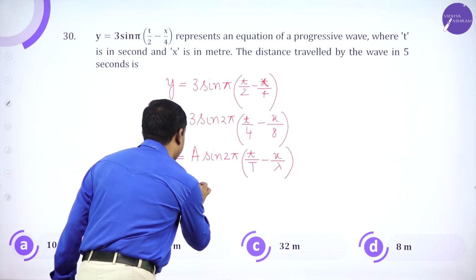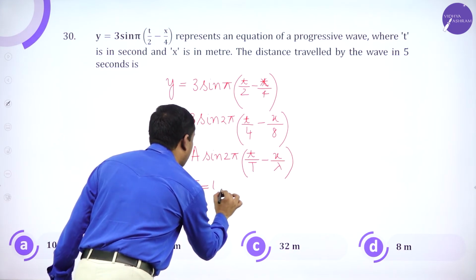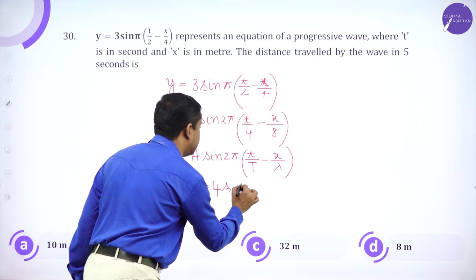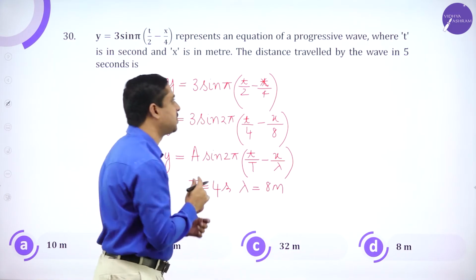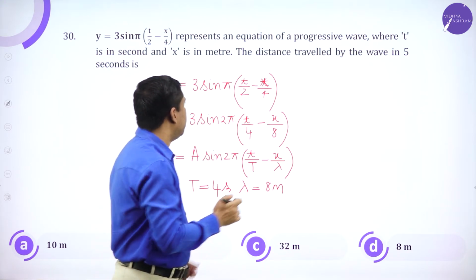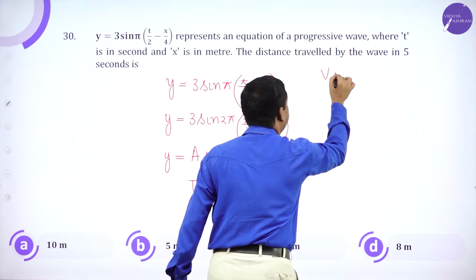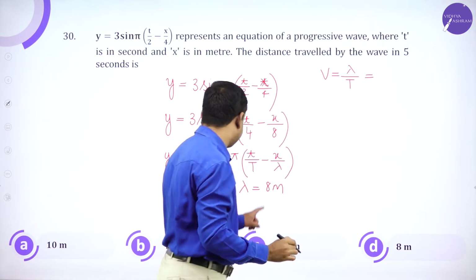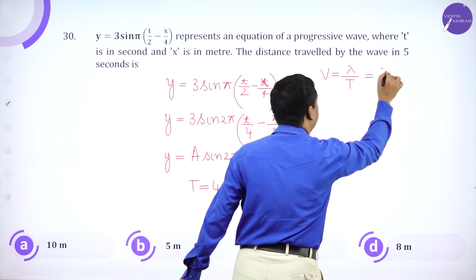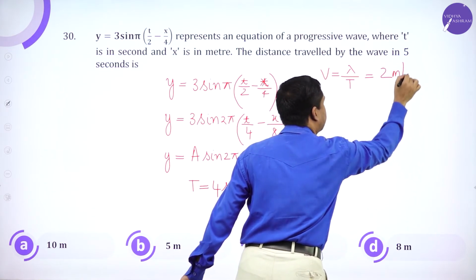So compare here. T is equal to 4 seconds. Lambda is 8 meters. Now, velocity will be lambda by T. So this is 8 by 4, 2 meter per second.